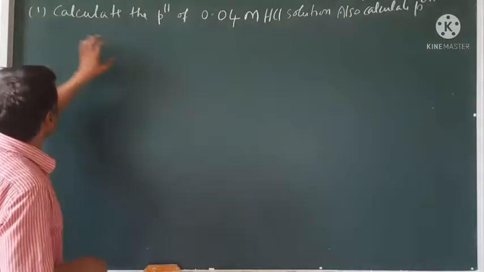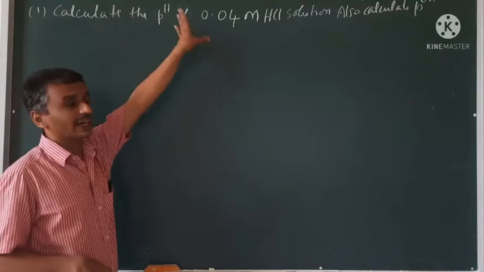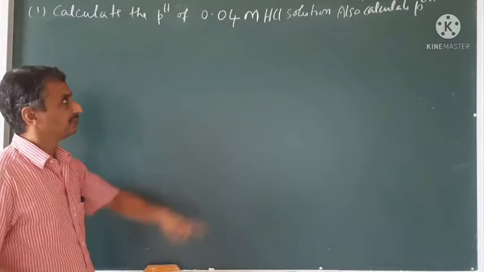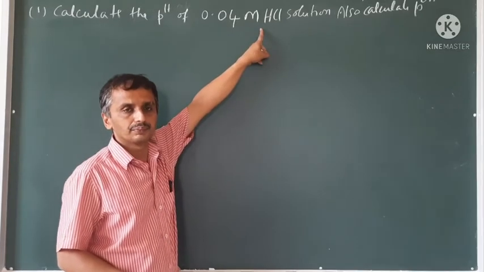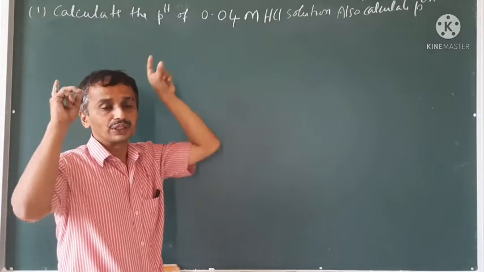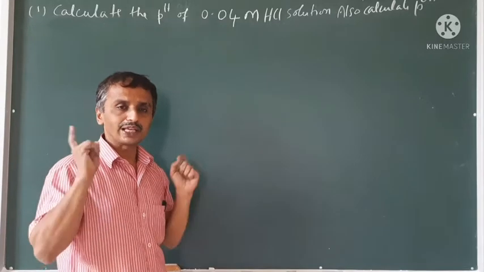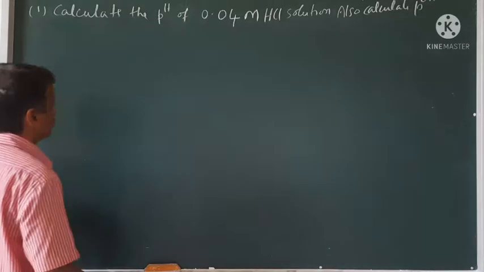Now, see this problem. Calculate the pH of 0.04 M HCl solution. Again, concentration is in molarity only, so I cannot use the H plus is equal to C alpha formula. I have to use H plus is equal to A into C into alpha formula. That you have to remember.